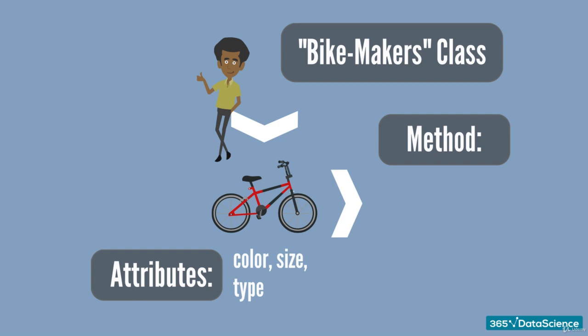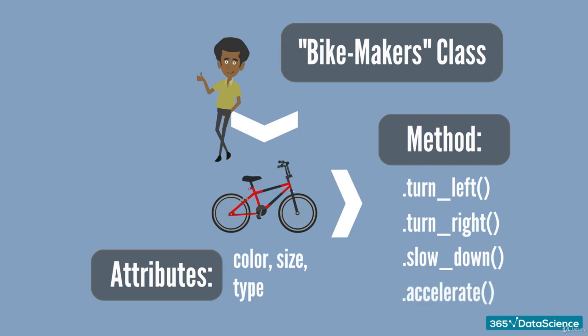It could be an operation like turn left, turn right, slow down, or accelerate. These actions can be applied to the object, but it is important that, while programming, the focus is on the object and not the action, as it is in other types of programming.